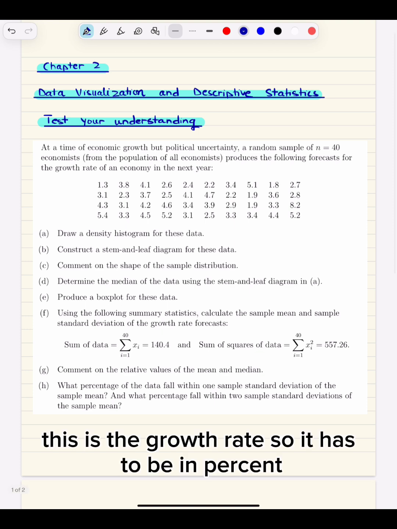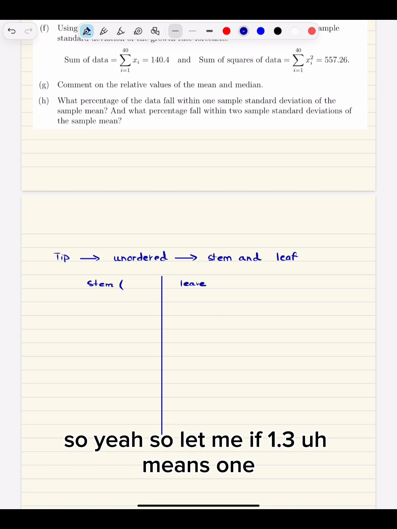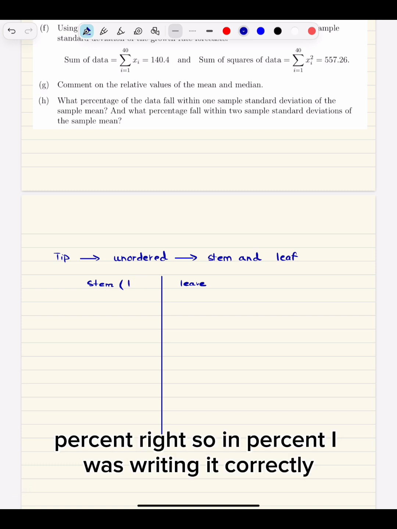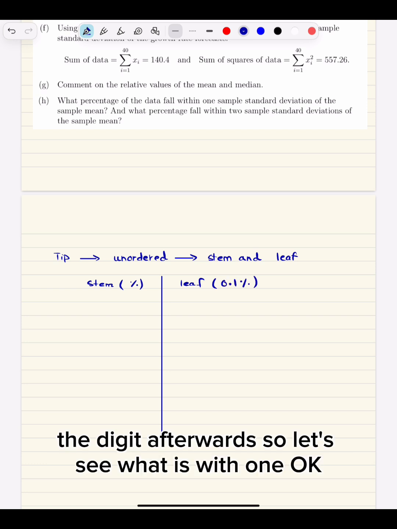This is the growth rate, so it has to be in percent. So if 1.3 means 1%, right? So in percent, I was writing it correctly. And the leaf is what follows after that, so the digit afterwards.